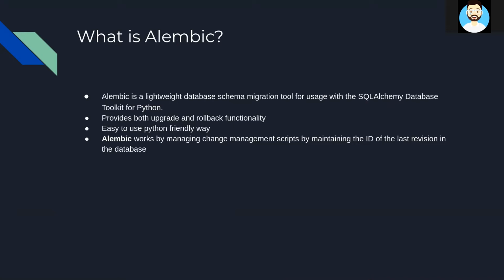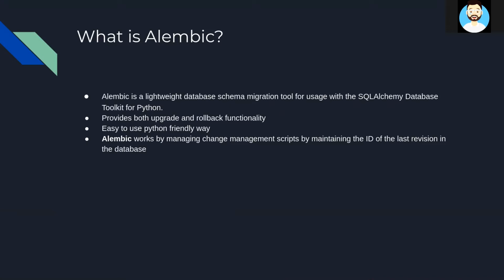Alembic will look at the last available revision ID in the database, compare that with all the rest of the revisions that it has to perform, and perform the SQL operations on that. So basically, this is an overview of Alembic, and the theory about why it is required.